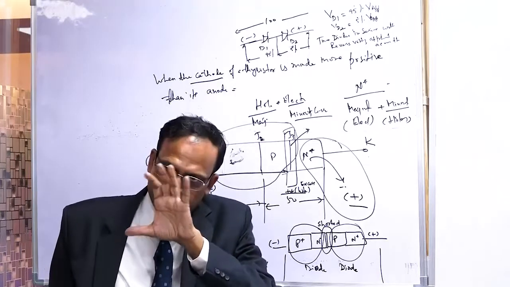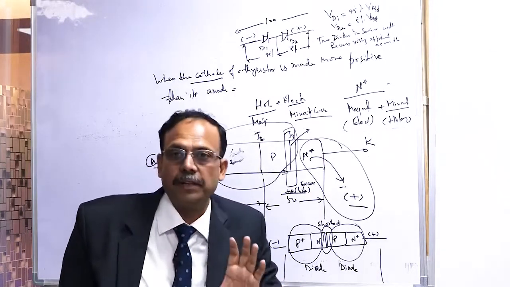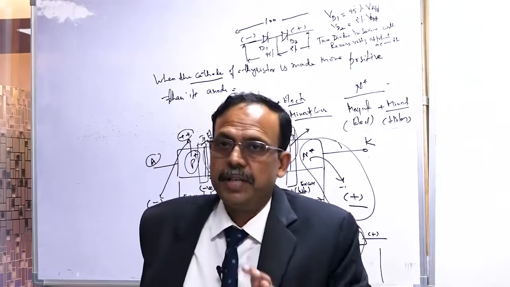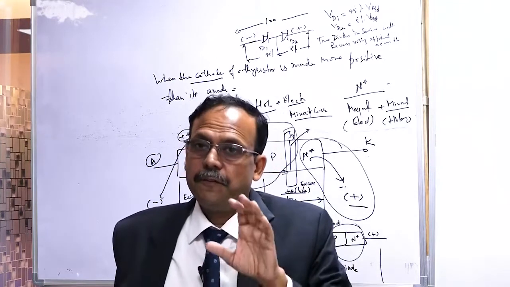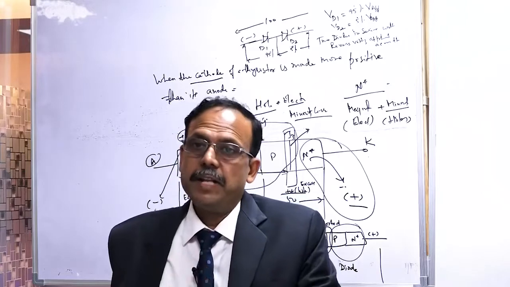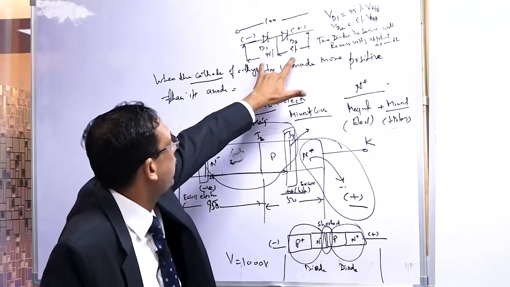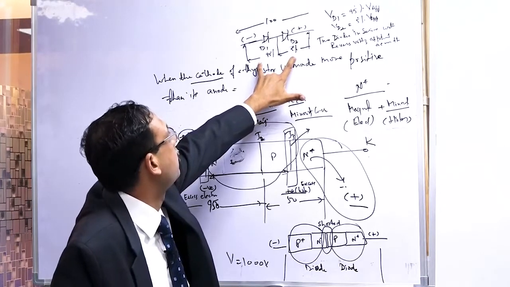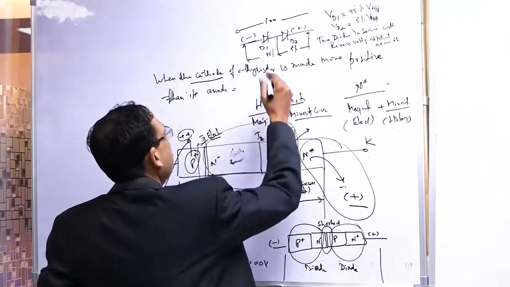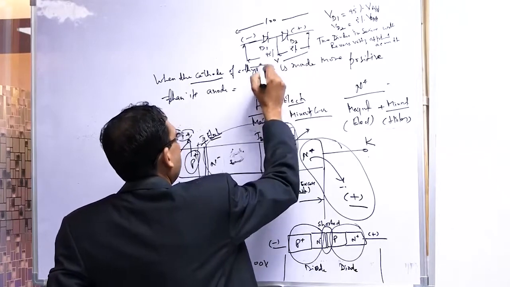This is the complete understanding of the reverse bias conditions. A thyristor, which is a 4-layer structure, when a reverse voltage is applied across it, this is how it looks circuit-wise. This is the total reverse voltage applied.